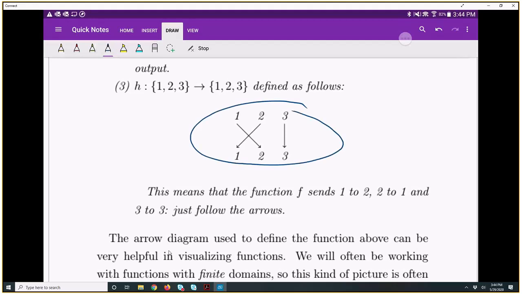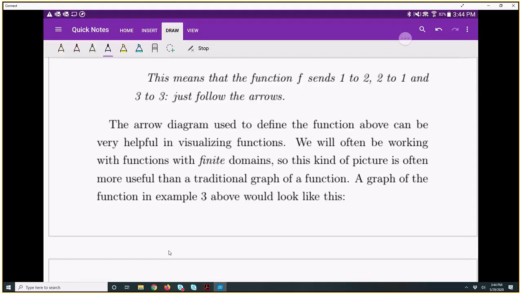Here you'll see that these arrows indicate that the element 1 in the domain goes to the element 2 in the codomain. The element 2 in the domain goes to the element 1 in the codomain. And the element 3 in the domain goes to the element 3 in the codomain.